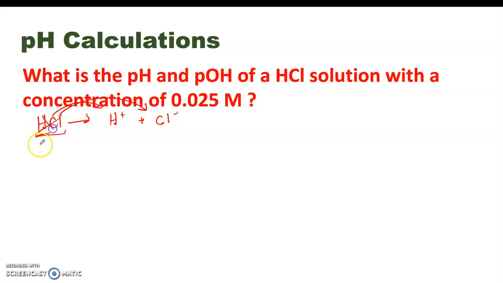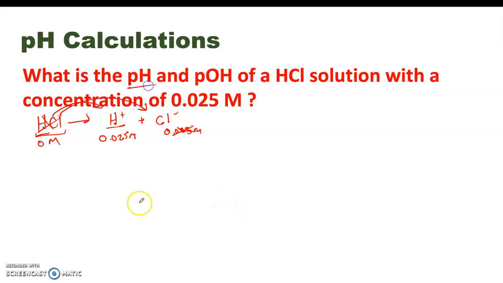So I'm left with 0 molar of this. There's none of it left over. That means all of it turns into this. So the concentration of H plus is 0.025 molar. Concentration of this is also 0.025 molar. But that really is irrelevant because all I care about is the H plus.